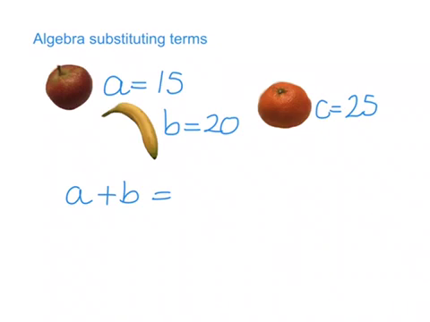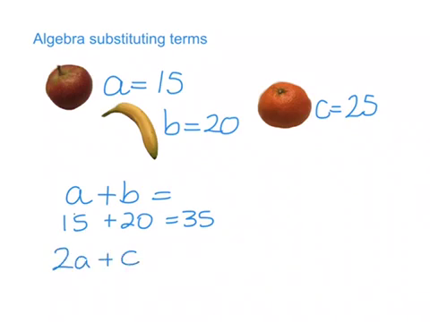So 15 is the value of A and 20 is the value of B, keeping my signs the same. 15 plus 20, of course, equals 35. Keeping things nicely lined up, written directly beneath, I can say that if I was buying an apple and a banana, that would cost me 35p.